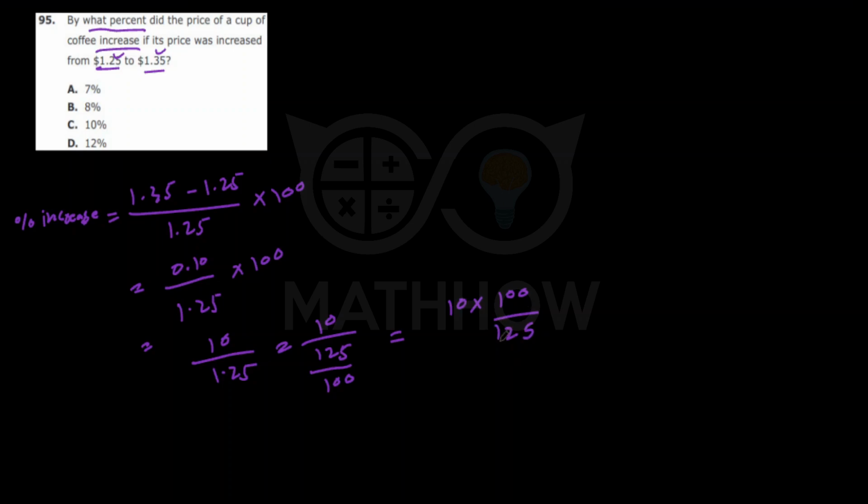Reducing the fraction, 5 2s are 10, 5 5s are 25, 25 4s are 100. Multiplying 4 with 2, this will become 8%. So the correct answer will be option B.